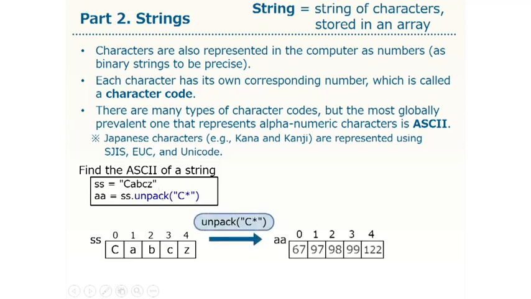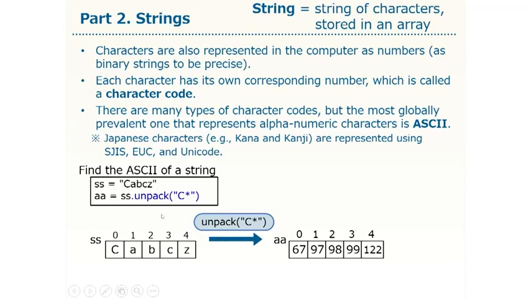Then, by the second line, a sequence of numbers corresponding to the characters of the string in SS is computed and then stored into the variable AA. Here, the string variable name, in this example SS, followed by .unpack("C*"), is a command to compute an array of numbers corresponding to the string.